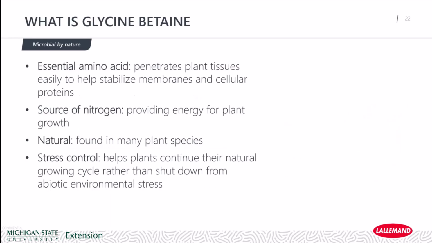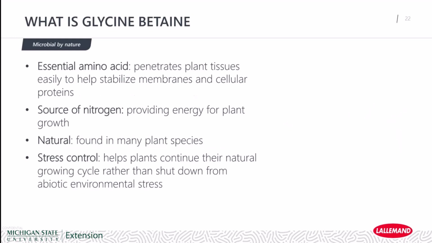So what is glycine betaine? I said it was present in Lelstim Osmo, but glycine betaine itself is actually an essential amino acid. This amino acid will penetrate the plant tissues to help stabilize membranes and cellular proteins. It'll facilitate that water uptake, act as an osmoprotectant, and regulate the flow of water in and out of the cells.